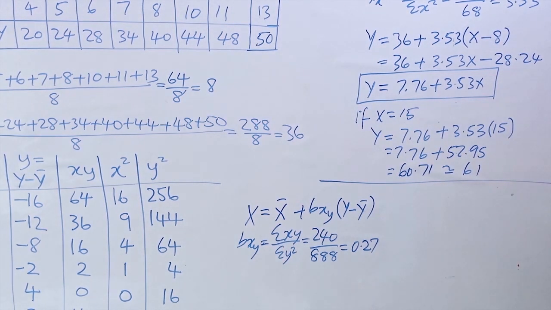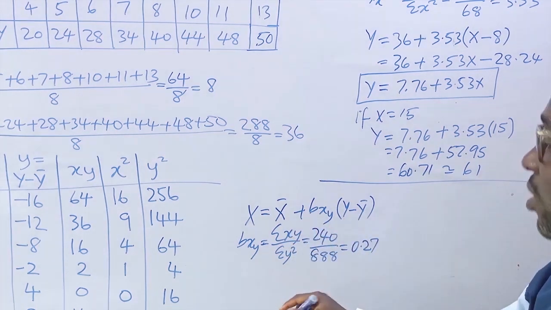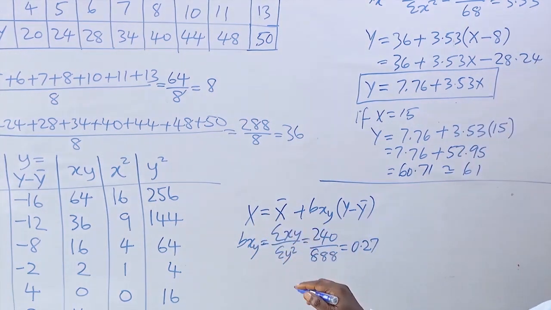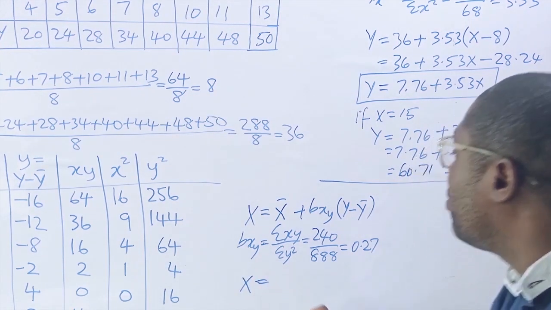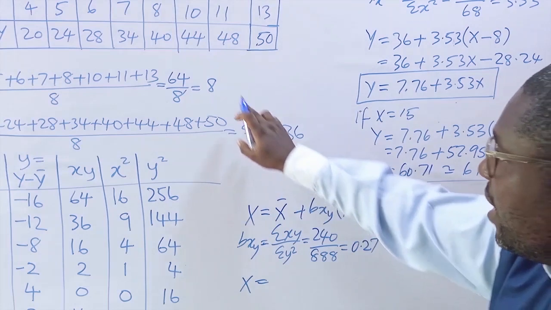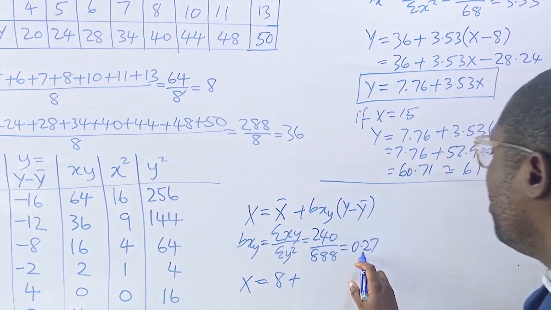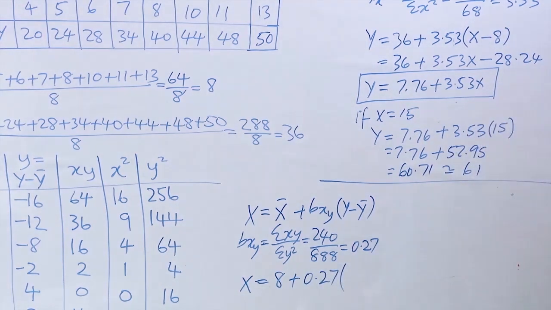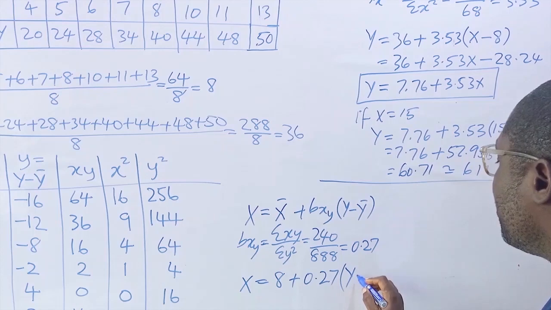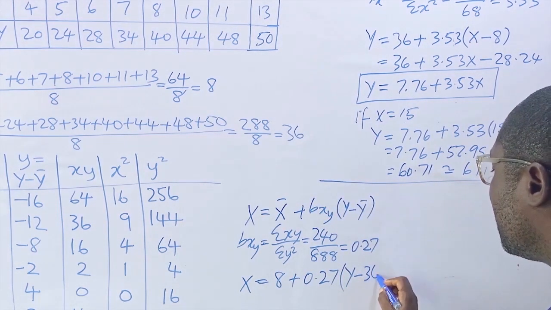So what we now do, we impute this value into this formula and then find what this regression equation will be. So x is equal to x bar, and x bar is 8. So x is 8 plus 0.27 into y minus y bar. Y bar is 36.